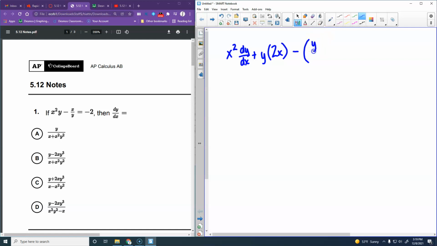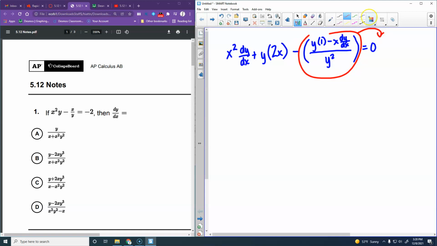We're going to do low times the derivative of the high, which is 1, minus high times the derivative of the low, which is dy dx, over y squared. And this will equal 0.